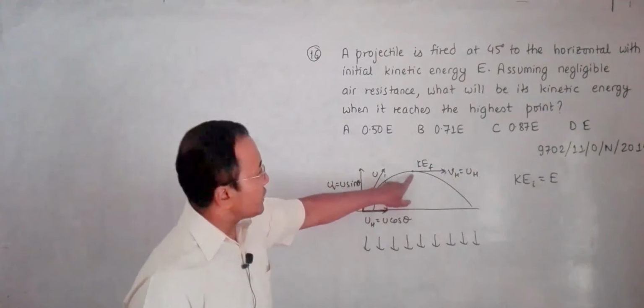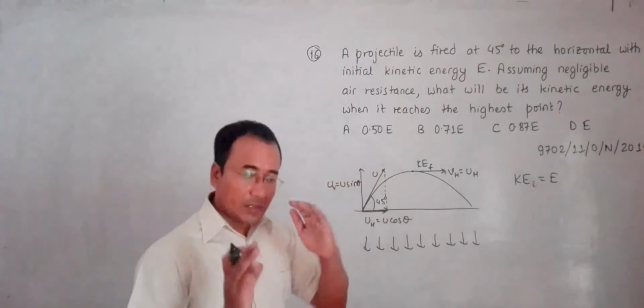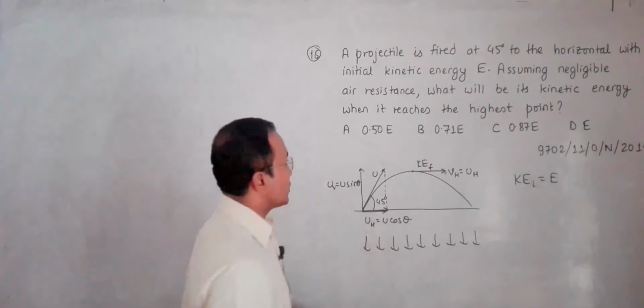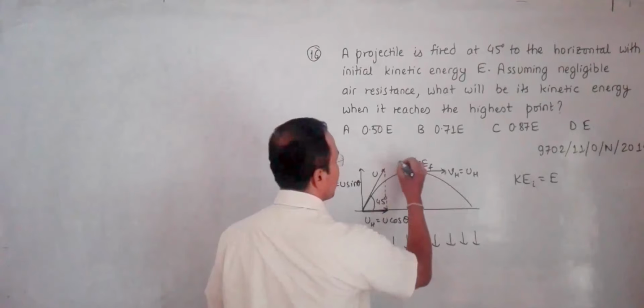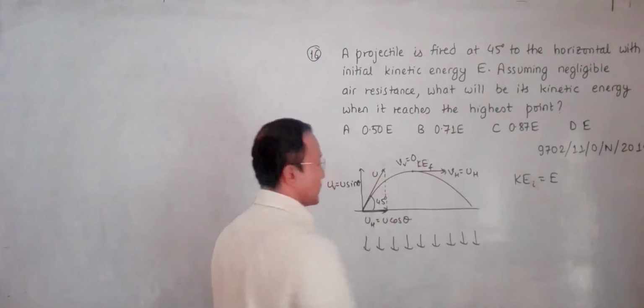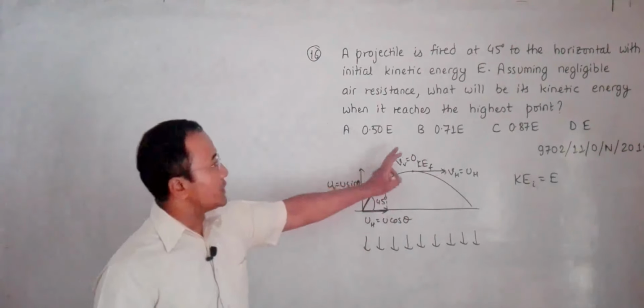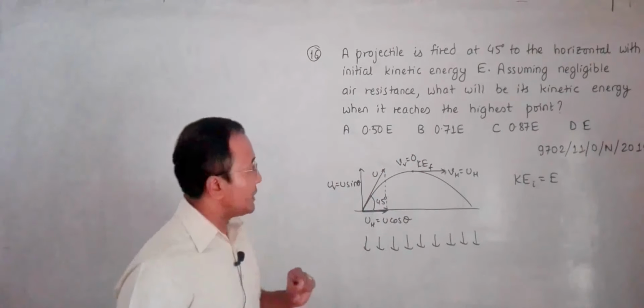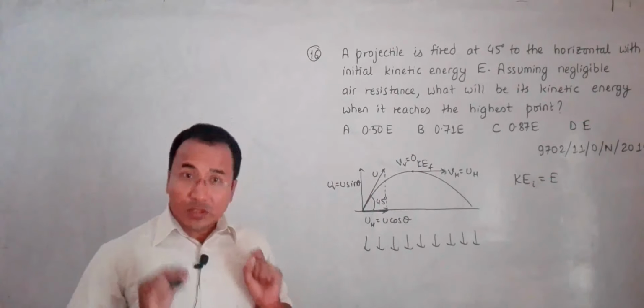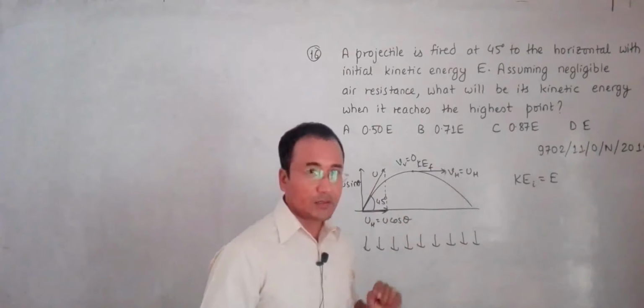But since it is traveling horizontally at the highest point, the vertical velocity is V vertical equal to 0. That means the velocity is composed of only the horizontal part.